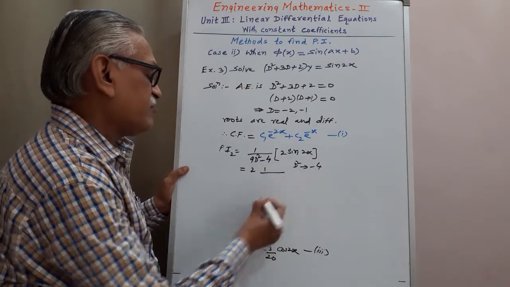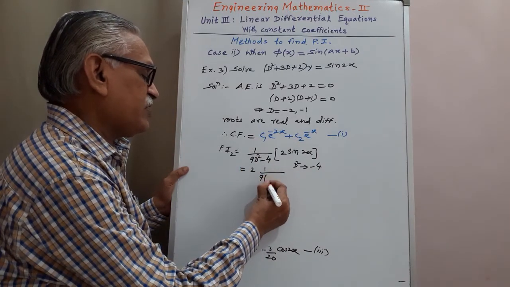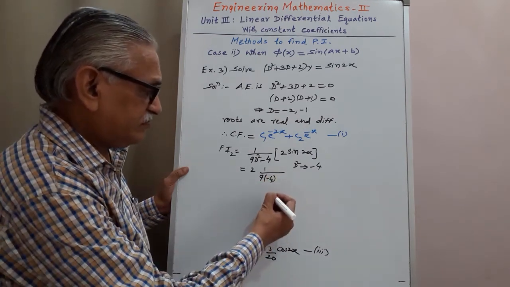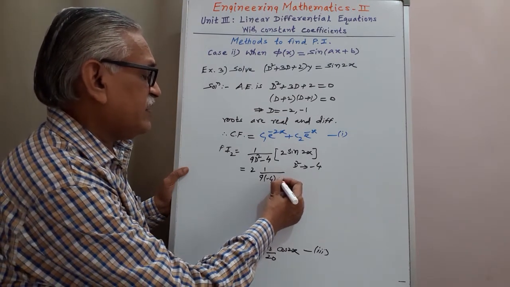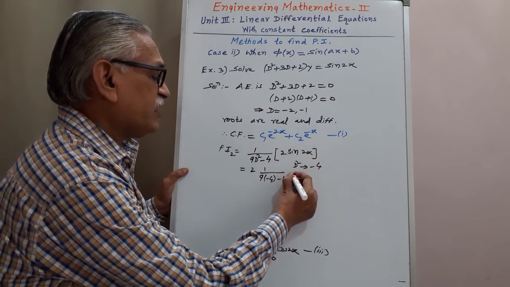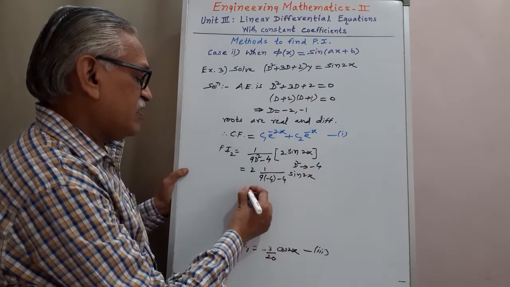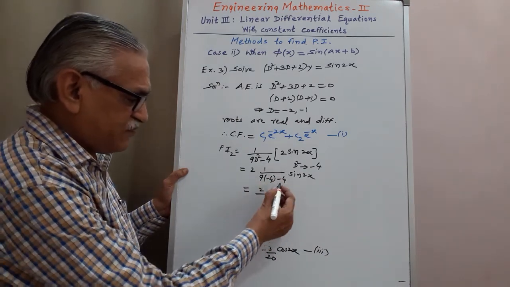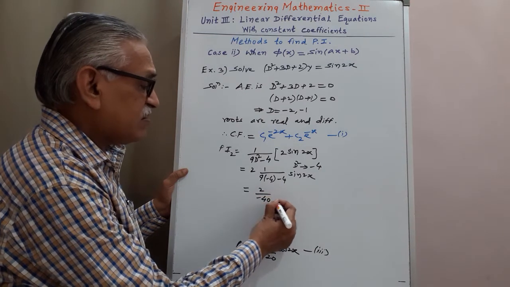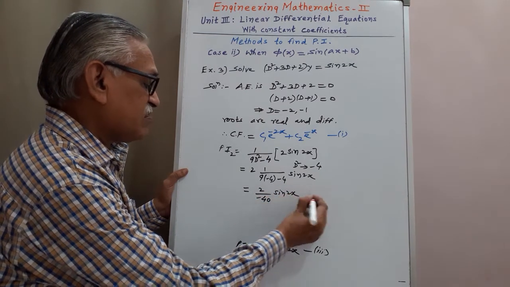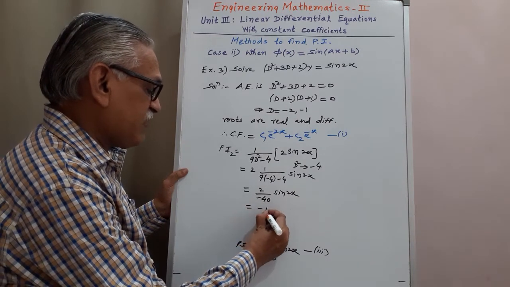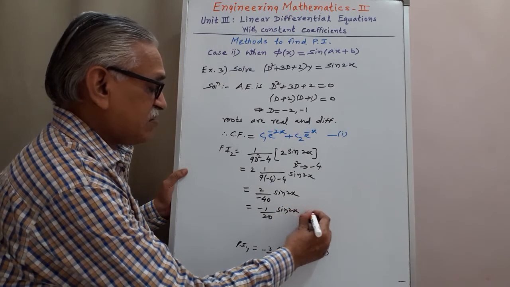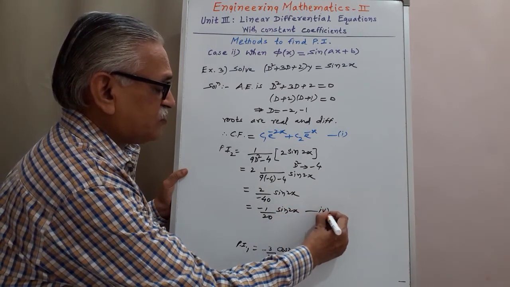Therefore we get 1 upon again 9 into minus 4, minus 4, operated on sine 2x, and therefore it is 2 by again minus 36 minus 4, we get minus 40, into sine 2x, and it is minus 1 by 20, dividing by 2, into sine 2x. We get equation number 4.